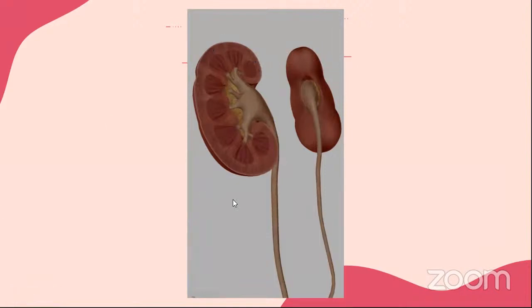The outer layer is the cortex, which contains the nephrons, and the inner layer is the medulla, which contains the collecting tubes that go to the renal pelvis, then to the ureters, then to the bladder, then to the urethra.